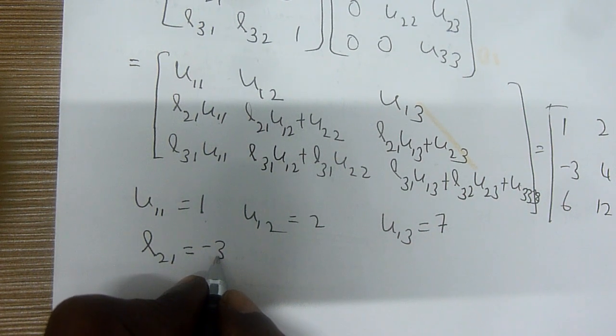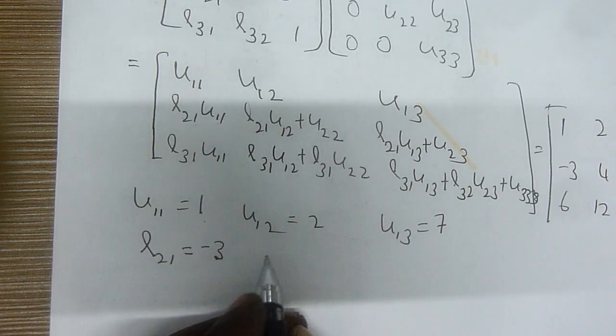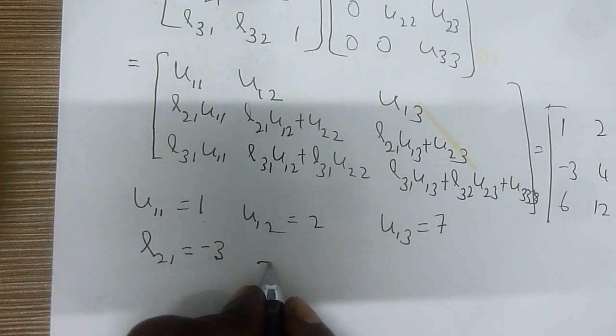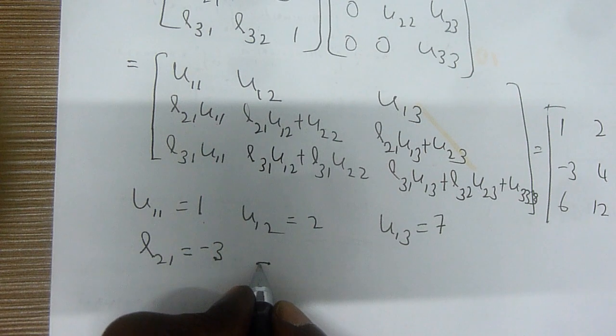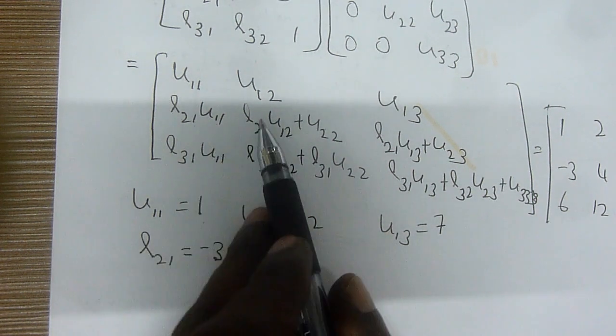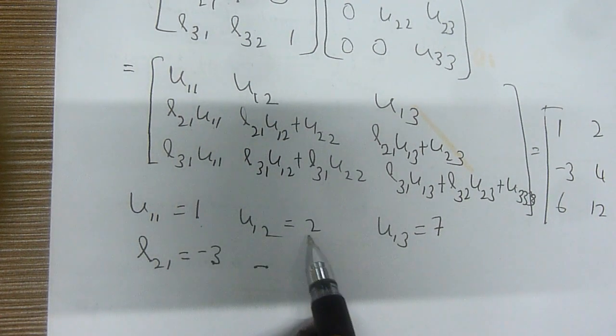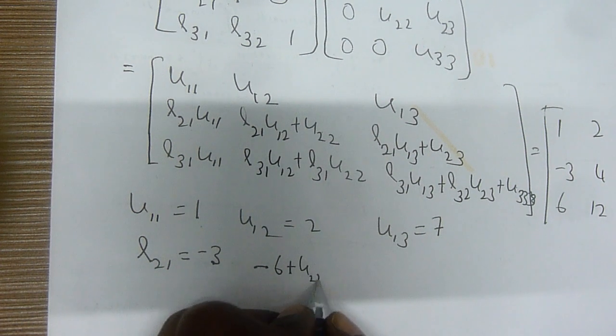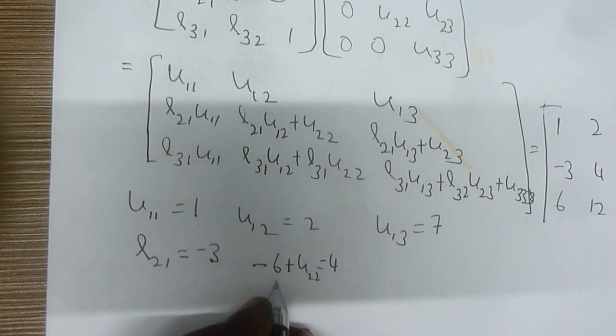The next one is U22. That means you just need to multiply with that. I hope that you can do it by yourself. This is negative 6. Take the 6 to L21 U12. L21 U12 is negative 6 plus U22, which you get a 4.